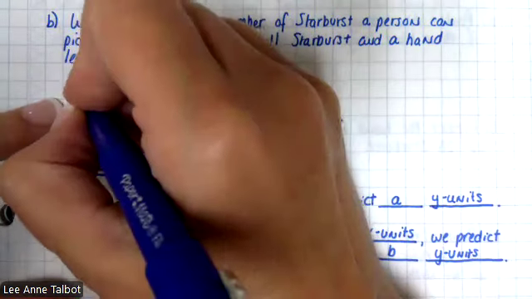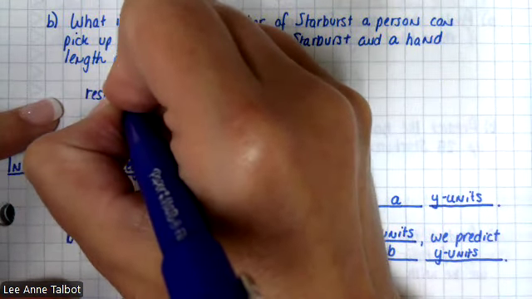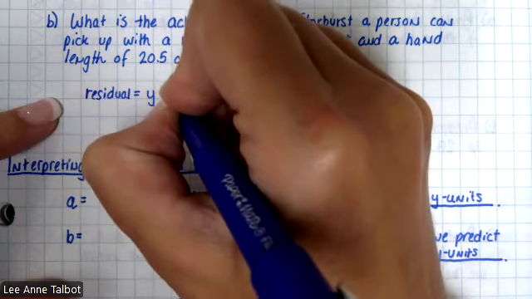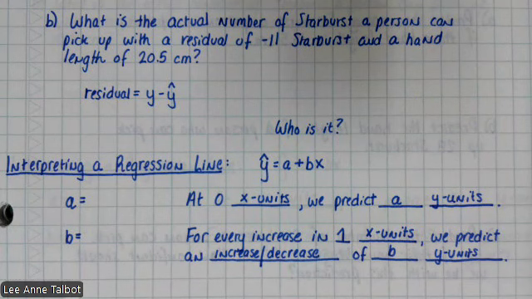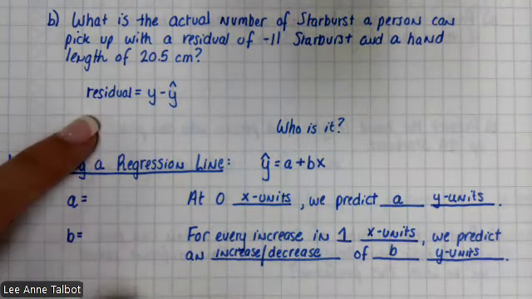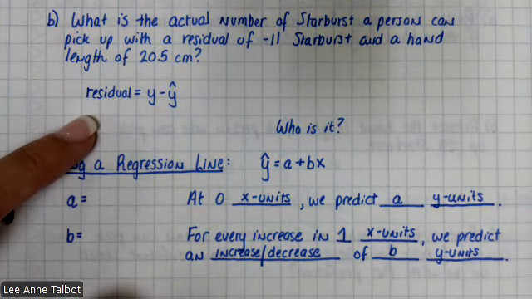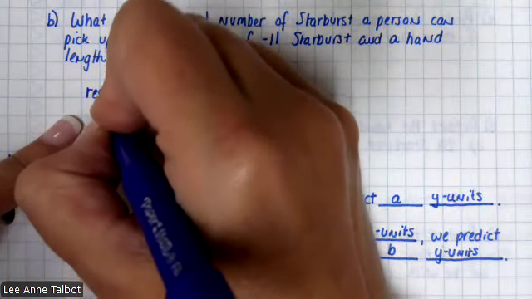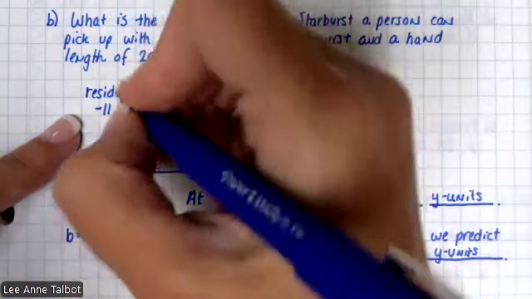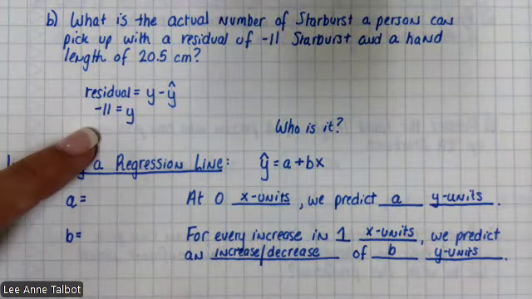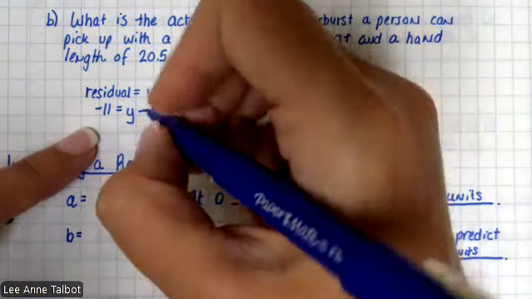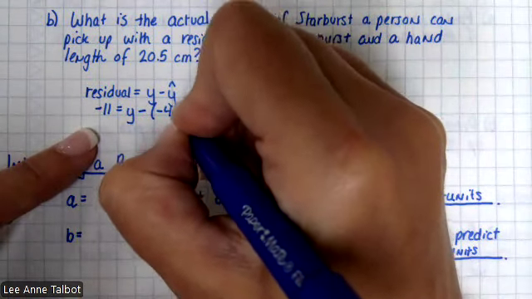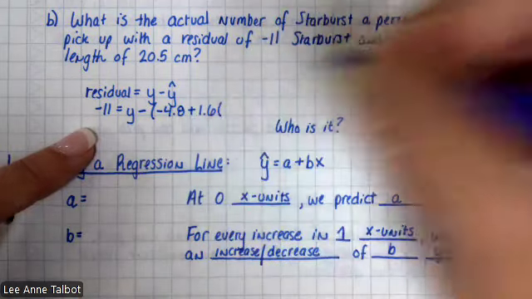Okay, so let's just see if we can start this. Residual equals y minus y hat. That's a note card-worthy formula. What is the residual in this problem? -11. And actual is what I'm solving for. So I'm going to leave the y minus, and y hat is our equation. -4.8 plus 1.6.